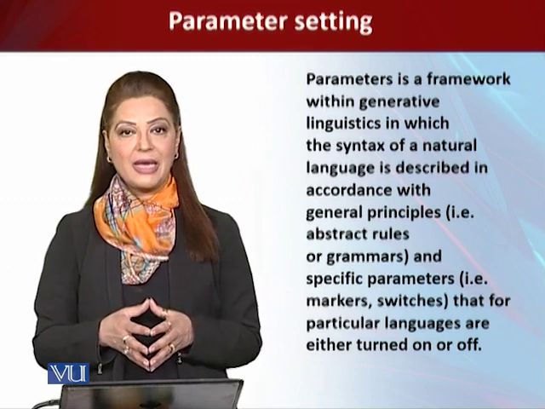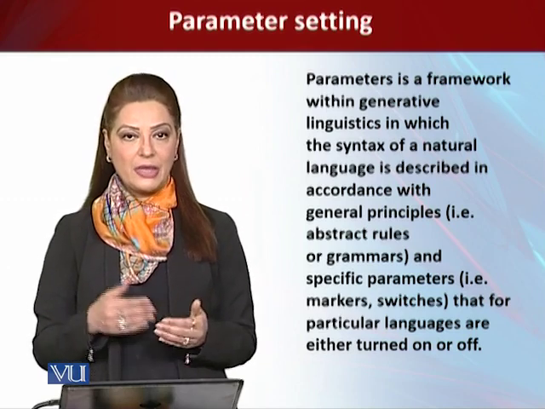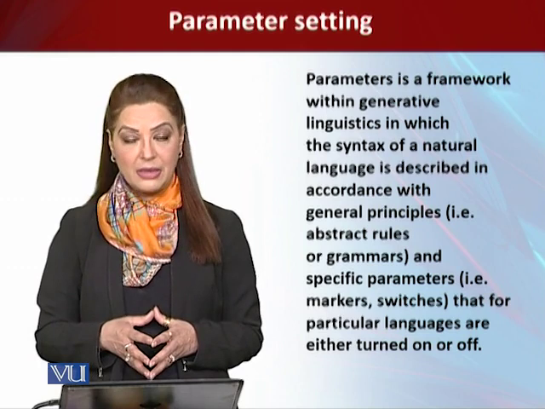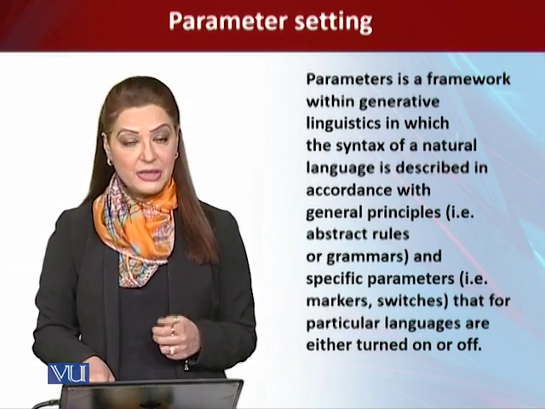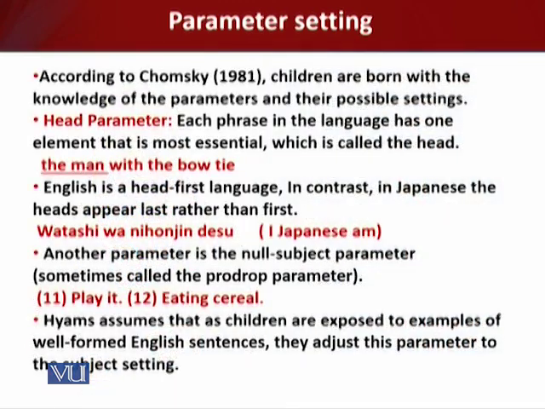So now we will look at parameter setting with regard to this understanding of generative linguistics rules. According to Chomsky, children are born with the knowledge of parameters and their possible settings. The task of acquiring language is therefore reduced to identifying which parameter setting applies to one's native language.